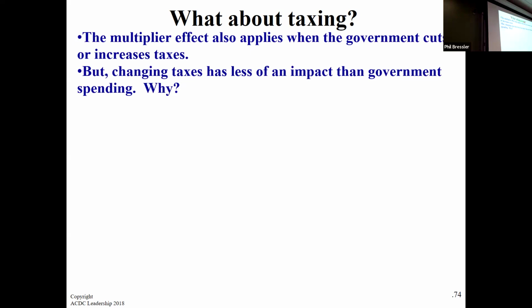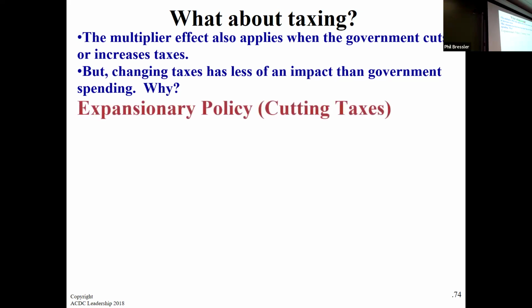Because if Tuck saves $100 in taxes, he's not going to spend all 100. He's going to save like 20 and spend 80. When government spends, it spends all 100. So to get the same shift in aggregate demand, you've got to increase or decrease taxes by more than you would government spending.